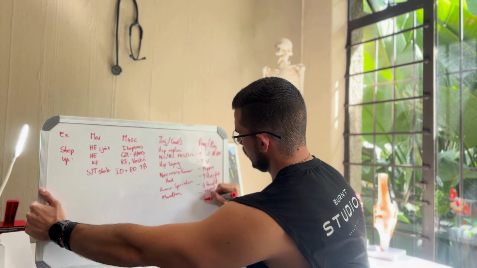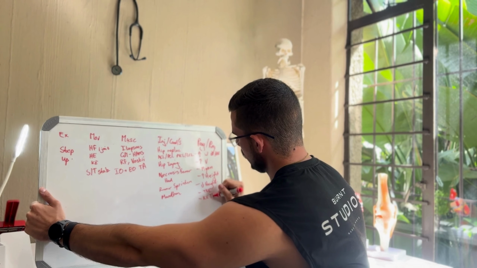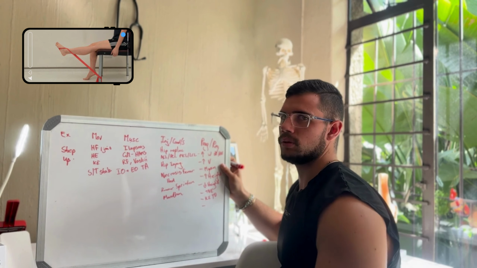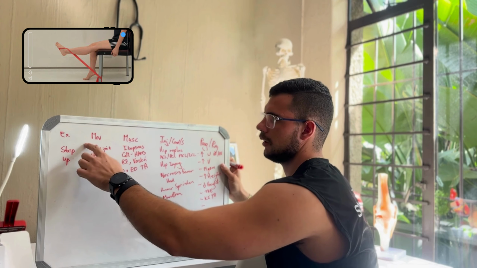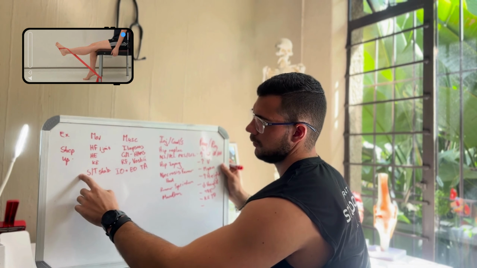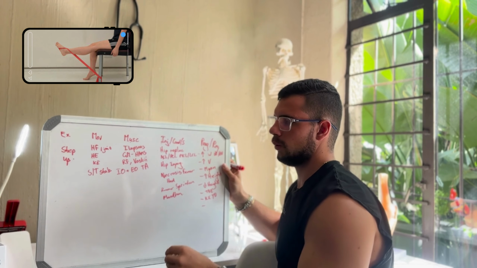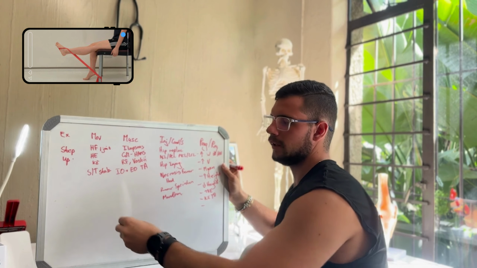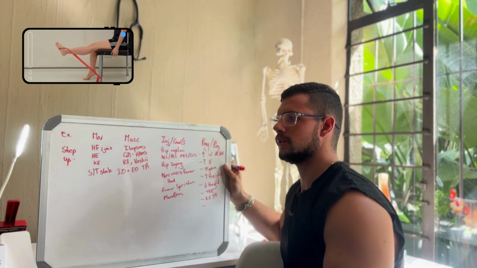You're basically going to take these movements that you've done before, and instead of making them into a compound movement, you're going to break them up into individual segments, strengthening one specific group of muscles at a time until all of these muscles can sustain the patient to do a step up in itself.